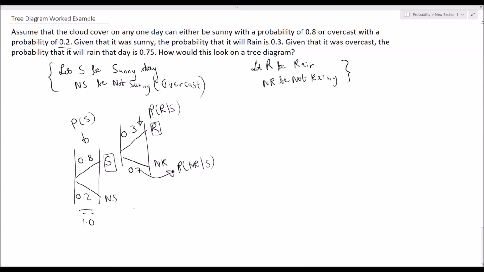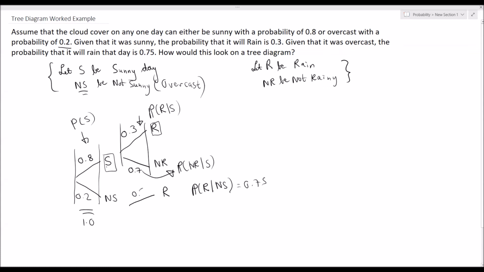Now let's look at a not sunny day. What we're told over here is that given that it was overcast, which means NS, a not sunny day, the probability that it will rain is 0.75. So the probability of R, a rainy day, given that it was not sunny, is equal to 0.75.